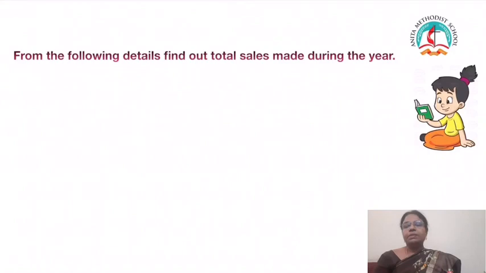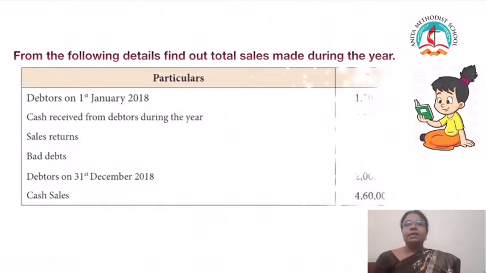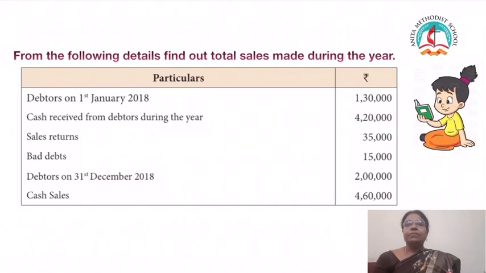And the next sum is you have to find out the total sales. If you want to calculate total sales, you have to prepare total debtors account: debtors opening, cash receipt from debtors, sales returns, bad debts, closing debtors and cash sales. So total sales is equal to cash sales plus credit sales.